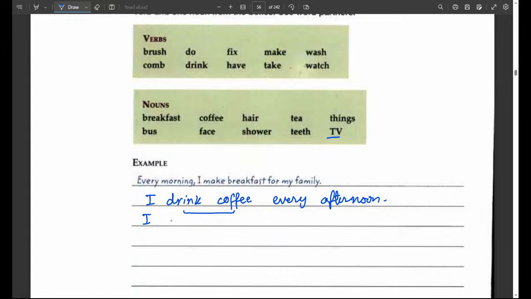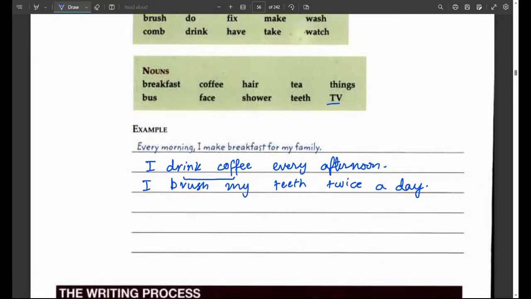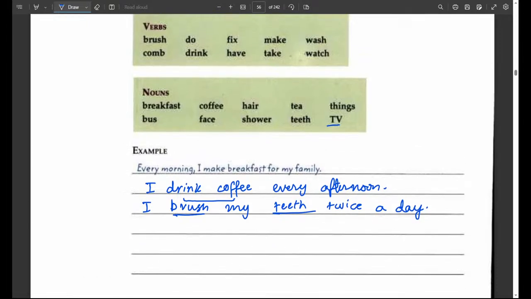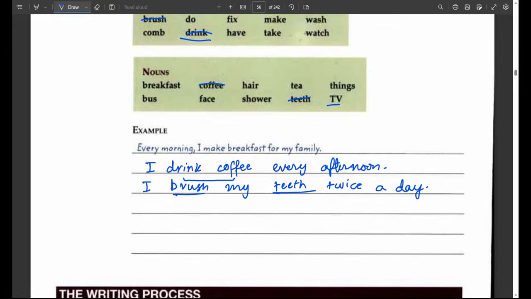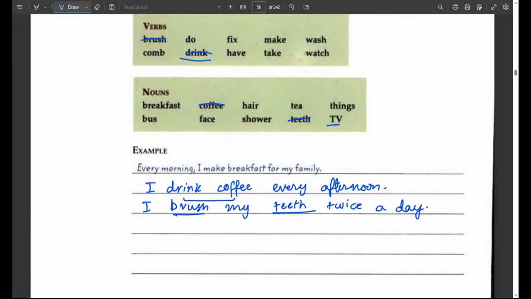I brush my teeth twice a day. So brush and teeth. So we say drink and coffee are used. We used brush and teeth. Okay, so I have to use now another one.